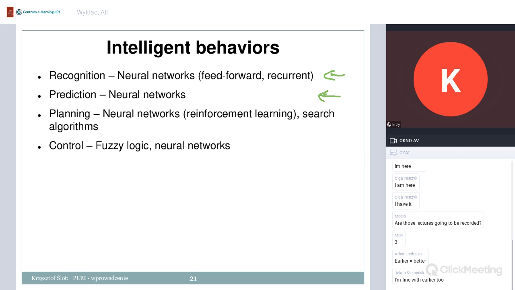In planning, neural networks, or something that is called reinforcement learning neural networks, are competing with search algorithms. Both are used in practice. And in case of control of all different actuators that are necessary, if we are talking about autonomous devices, machines, here neural networks compete with fuzzy logic.